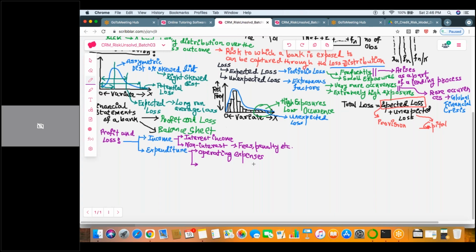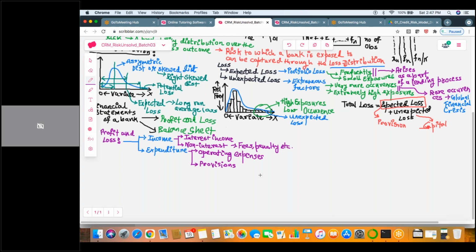Provisions are funds which the bank sets aside in order to absorb the bad debts. So the second part over here is the provisions.